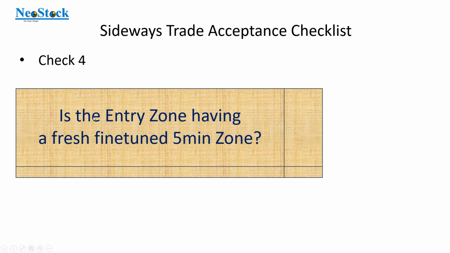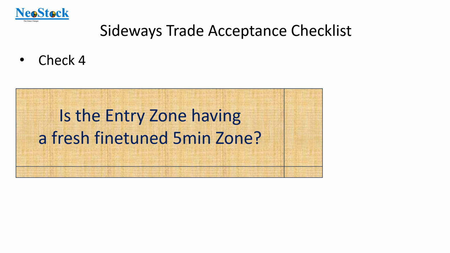So that's why checklist 4 is very, very important. This is about confirming zone violation, not for taking the trade. Suppose your risk management requires it, at that time you may take a trade at the fine-tuned 5-minute zone. If your risk is managed at the 15 minutes level or the fine-tuned 75 minutes level, you may take the trade once the price reaches the fine-tuned 75 minutes zone, because you don't want to miss the trade.